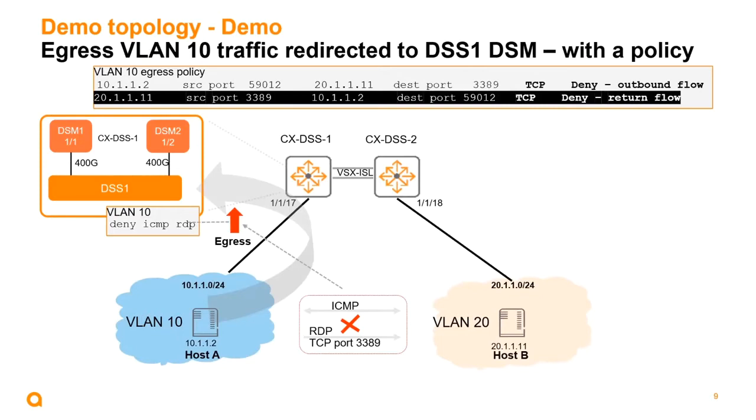But what you'll see is that once we apply the policy to the outbound flow, the return flow is automatically policed with the same policy that we apply. So in this case, we're going to have a deny policy for the outbound flow, and the return flow will also be denied coming back in, automatically. And the same will apply for the ICMP flow as well.